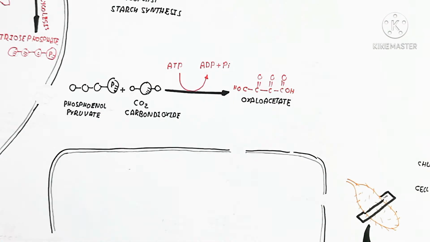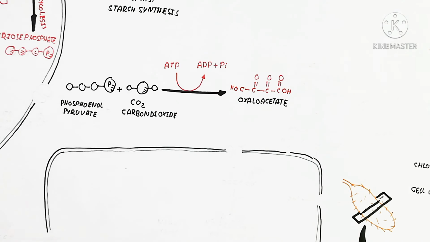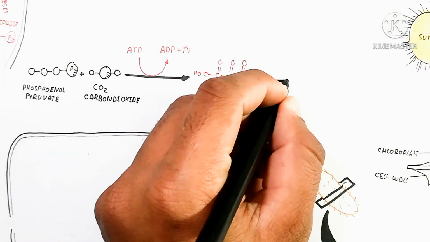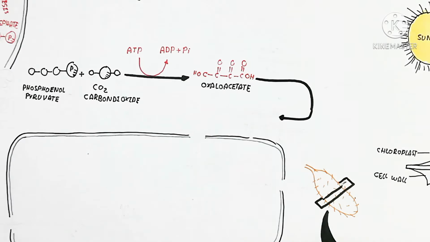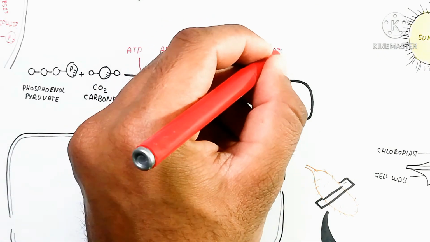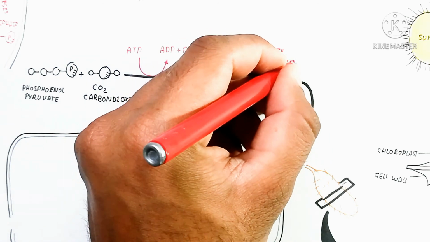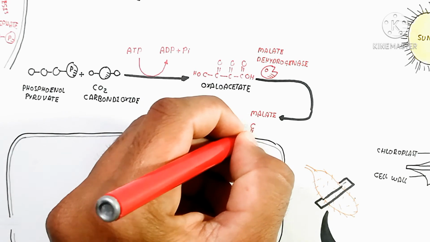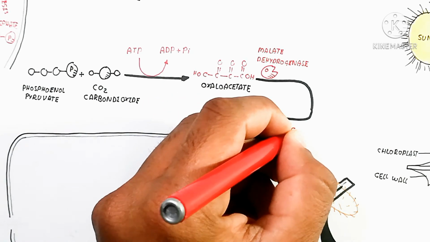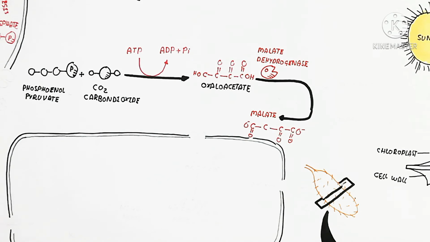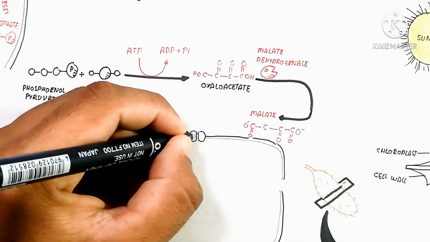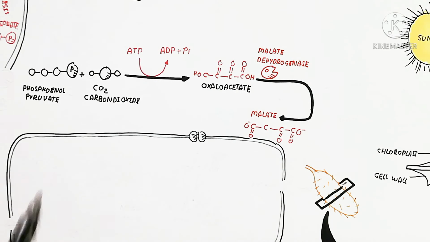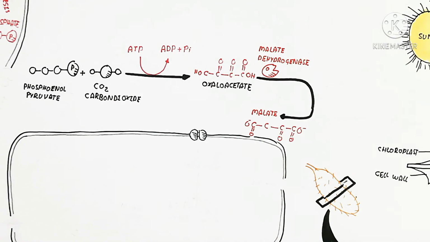Oxaloacetate is a 4 carbon compound, and the malate dehydrogenase enzyme acts on it by dehydrogenation, with NADPH converted into NADP plus, to produce malate ions, the malate compound.